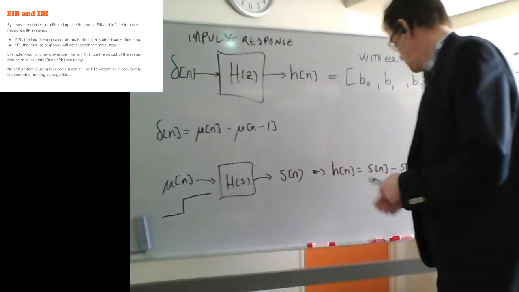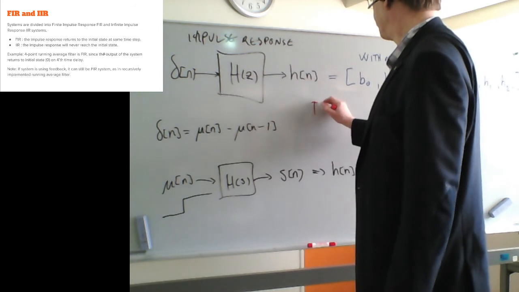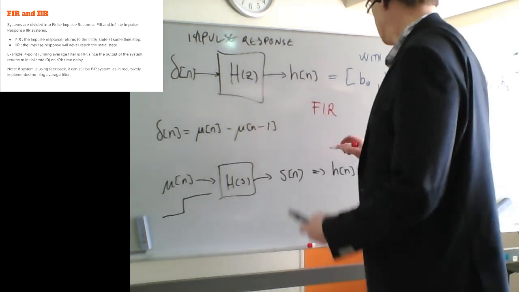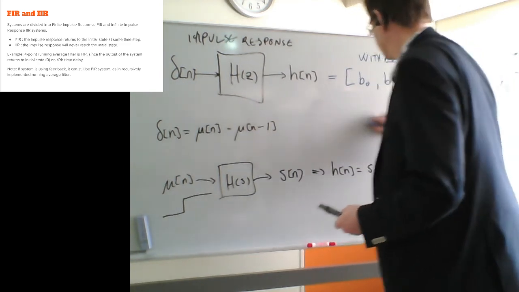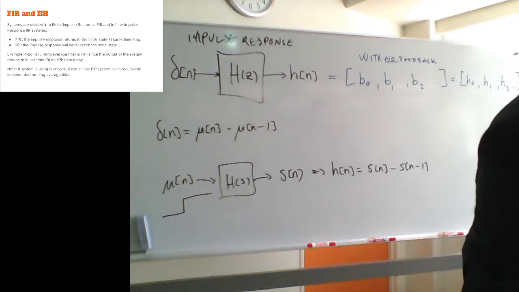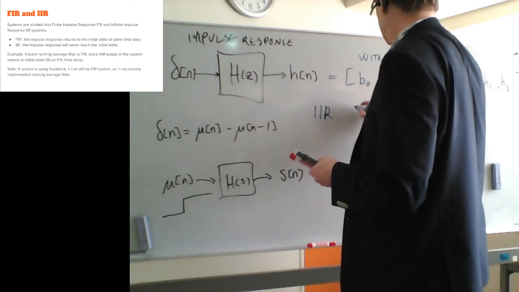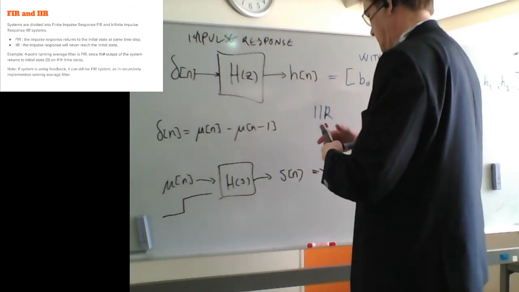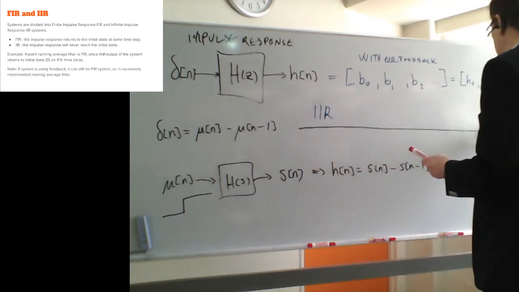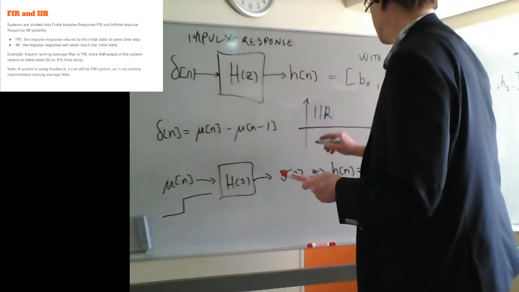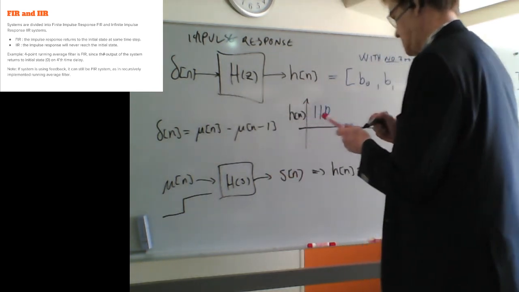Basically, the difference is, let's mark it like, I have different colors, so IIR, and then on the same picture I will have FIR, if that is the impulse response picture, H of n.